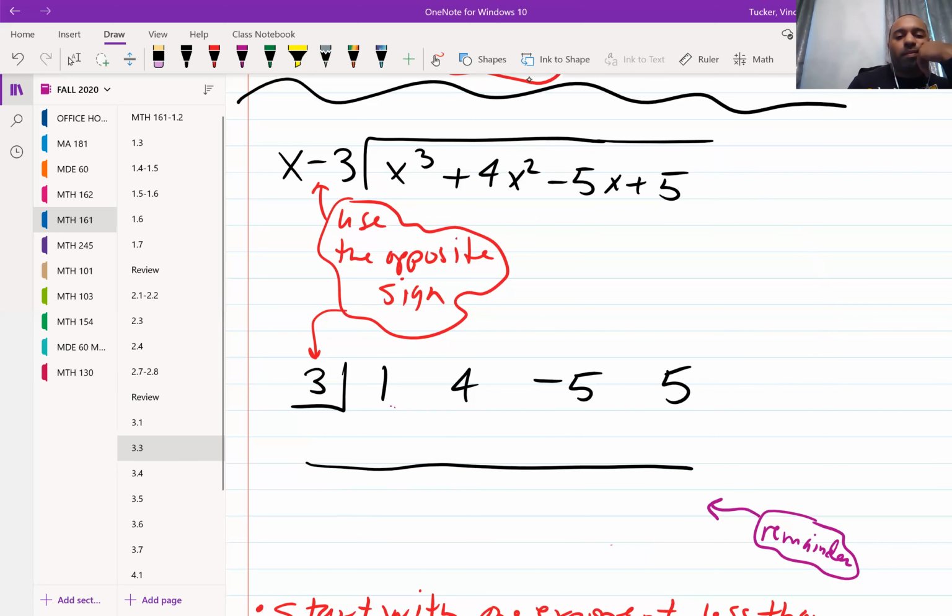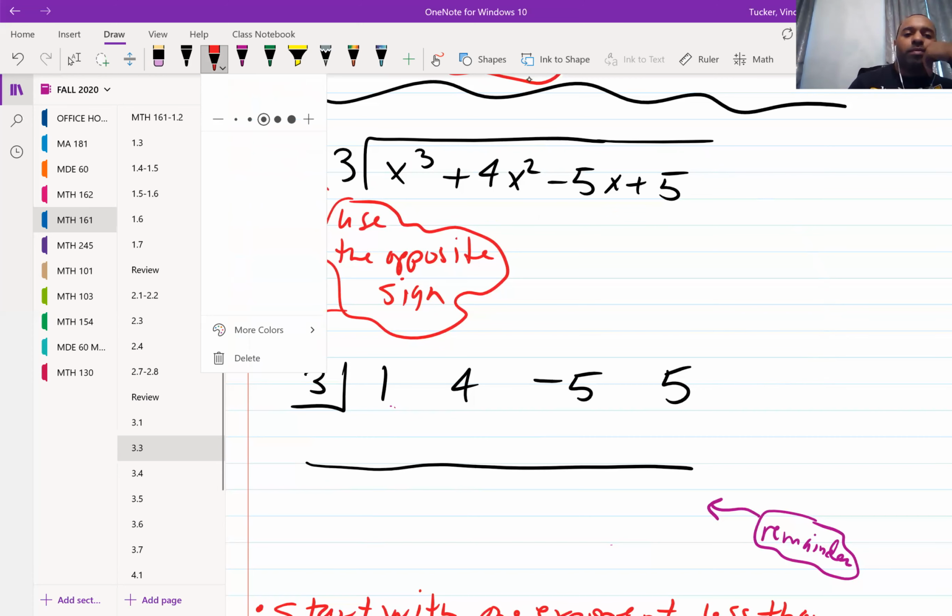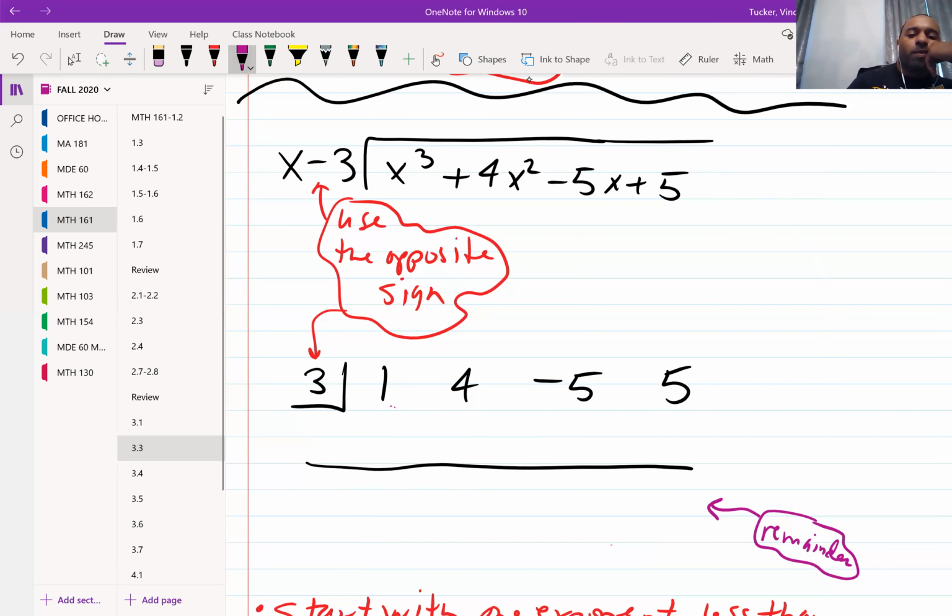All right. So the first move is to bring down the first number. In this case, it is 1. Then you're going to multiply the number in the box by this number down here, and whatever that result is, you send it up here to be under the 4. So 1 times 3 is 3. Then you're going to add these numbers together, and you continue to repeat that process.